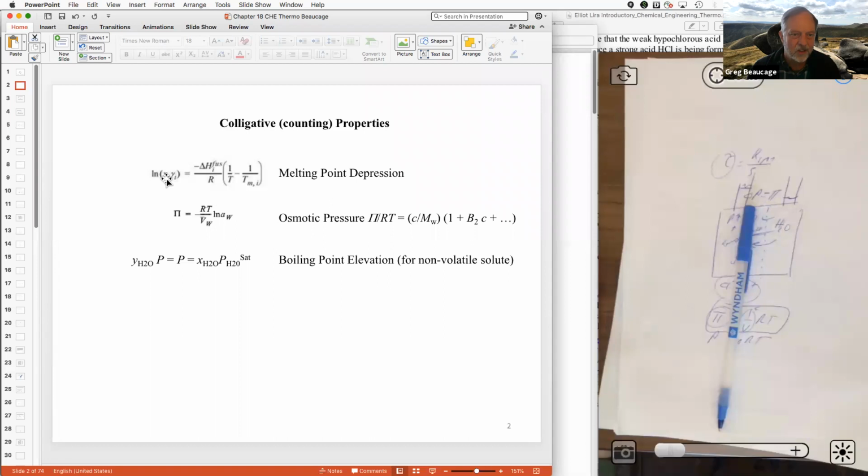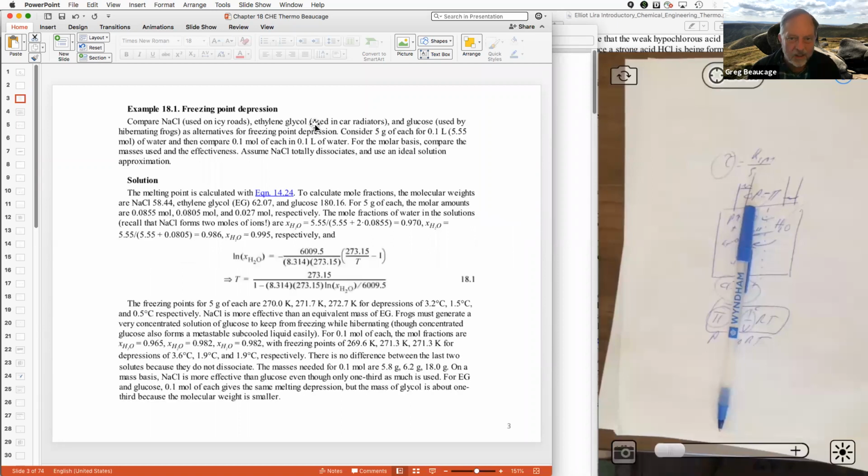Put in the concentration and then get the temperature out if you know the heat of fusion, which is given here, I think. Anyway, this is 6009. Someplace it's given, or you just look it up in the back of the book. The heat of fusion is given in the first table in the appendix.